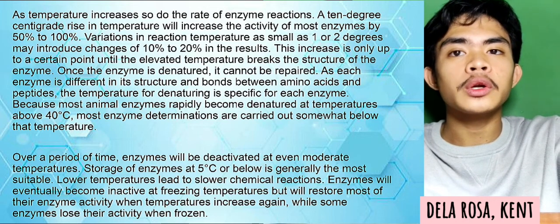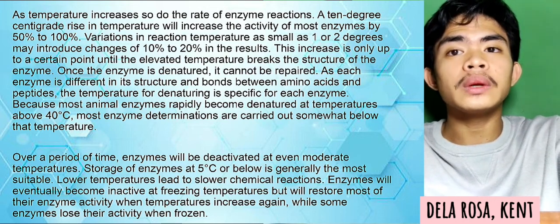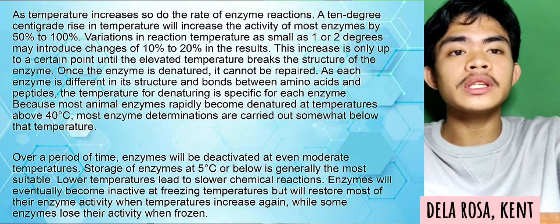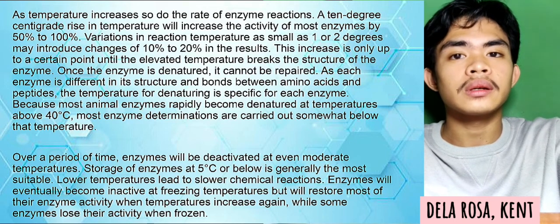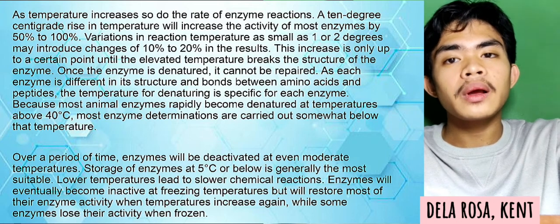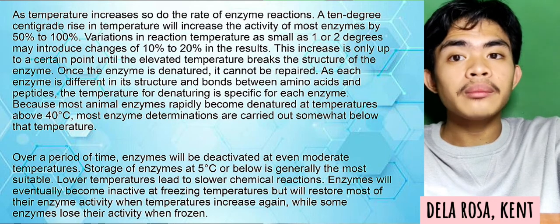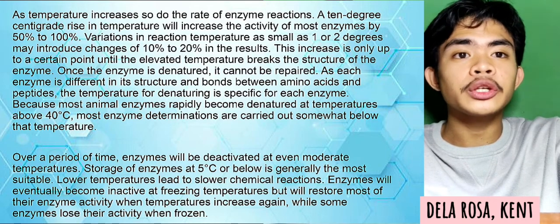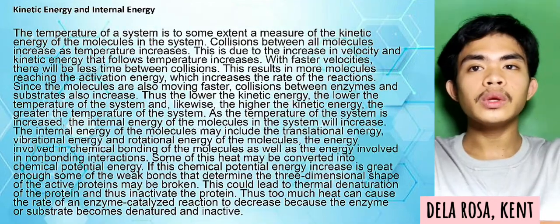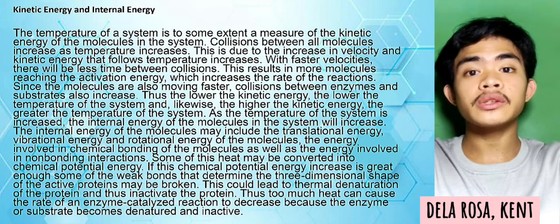Variations in reaction temperature as small as 1 or 2 degrees may introduce changes of 10% to 20% in the results. Over a period of time, enzymes will become inactive at lower temperature, but will regain most of their activity when temperature rises again.